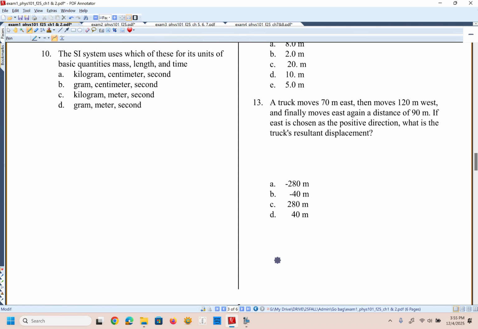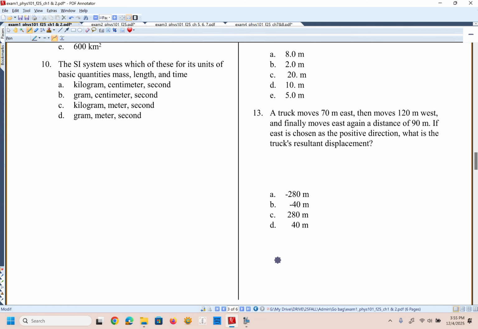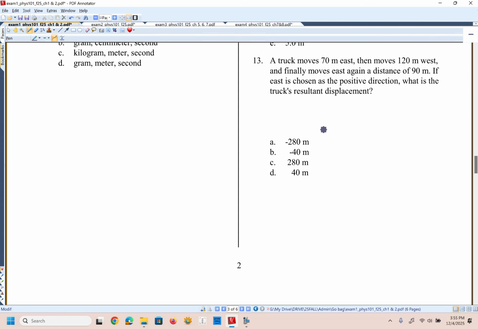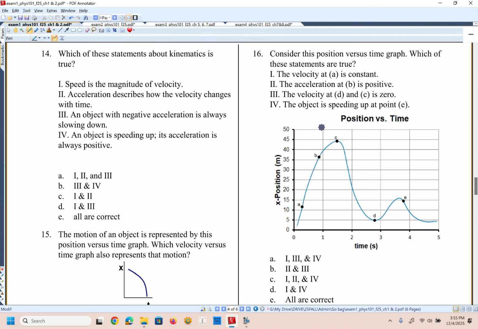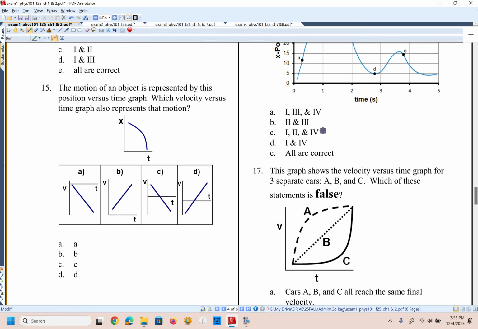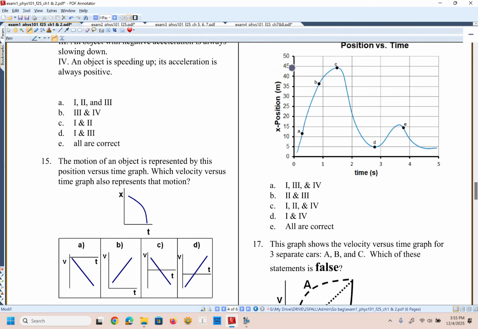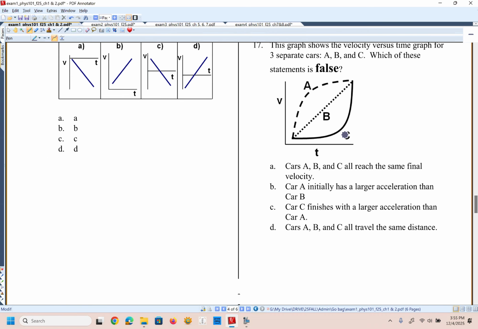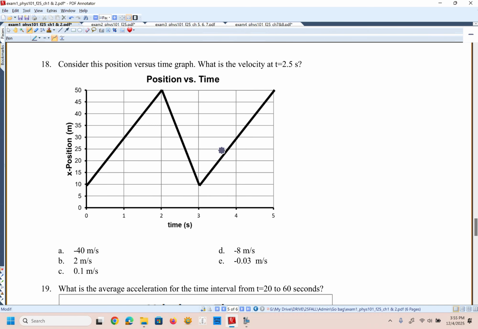Y'all stop me. I'm not saying these are not on the exam. Actually, there is a vector question that's like this on the exam about displacement. Definitely have some graphing questions. So there are 3, 4, 5 graphing questions where you have to analyze graphs like this qualitatively, and then also graphing questions like this where you're analyzing them quantitatively.